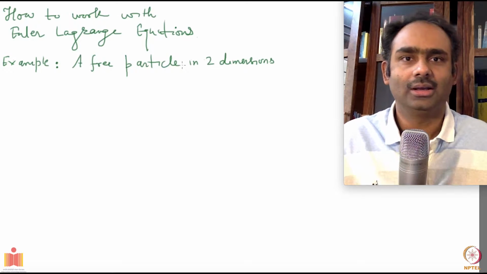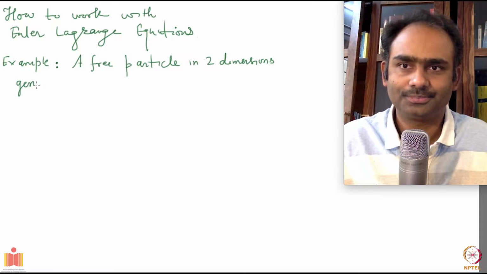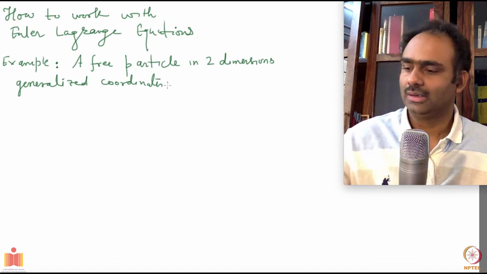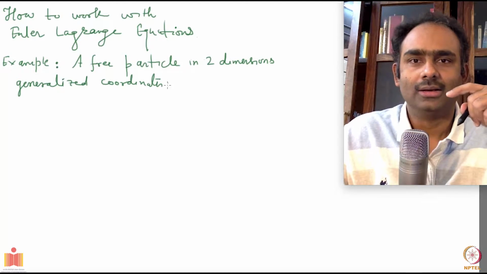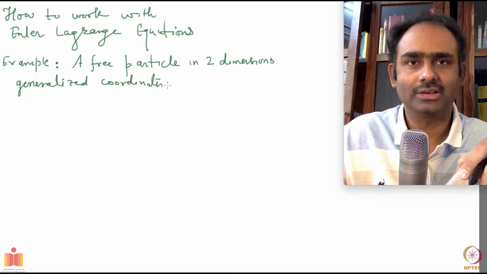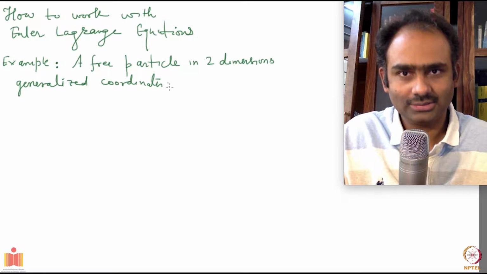So what do I want to use for the generalized coordinates? I think it's already clear that it's a 2-dimensional problem. There are only 2 degrees of freedom, and instead of x and y, I can use r and theta.